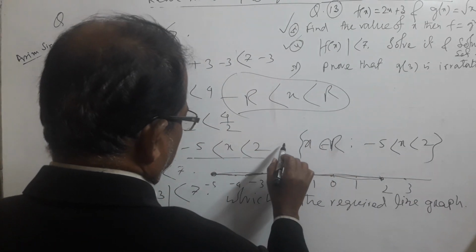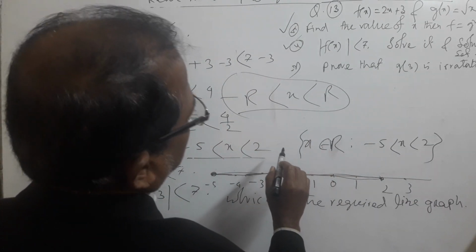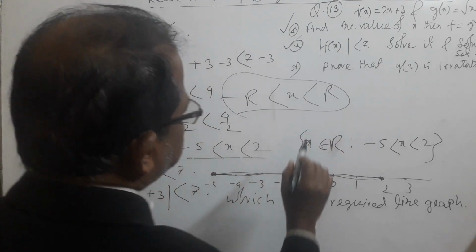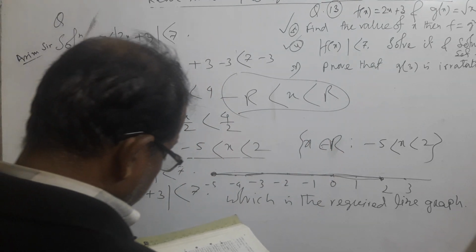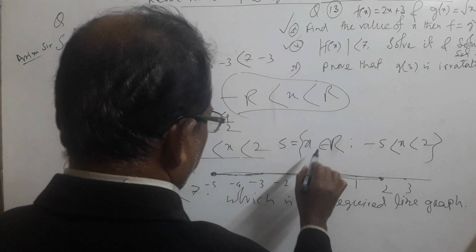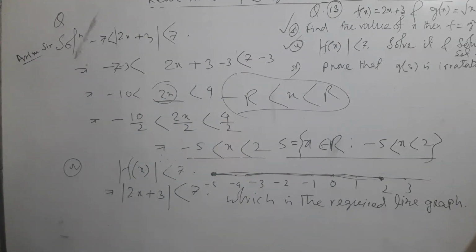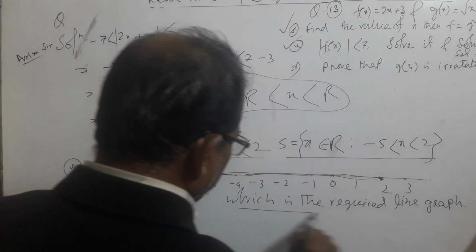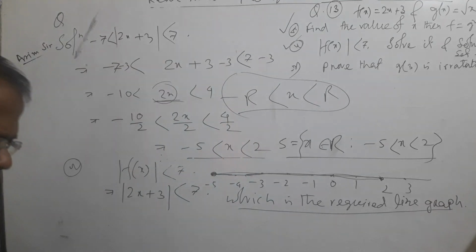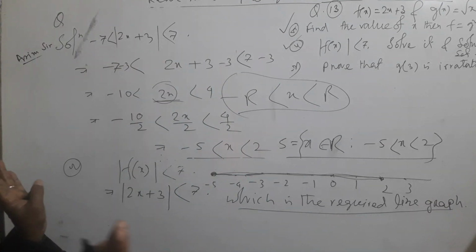It's a set, that means S equal to this. This is the solution set and the required line graph, and it is also clear. Everybody okay.